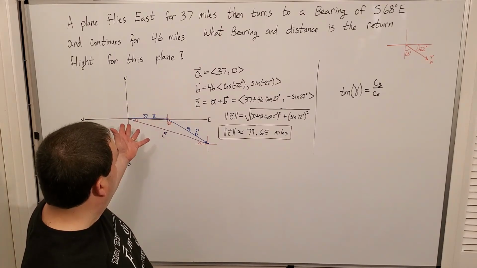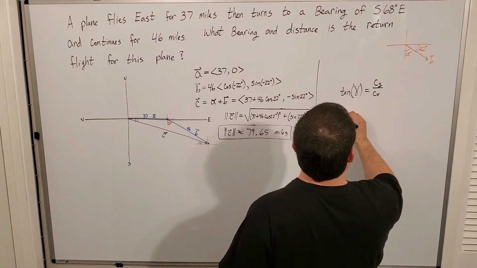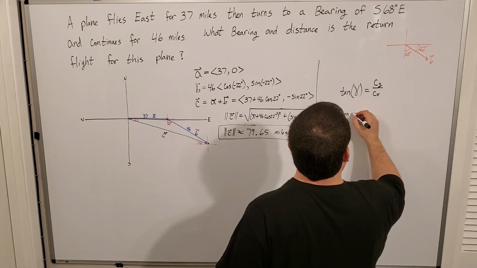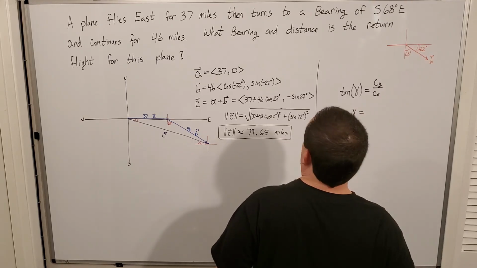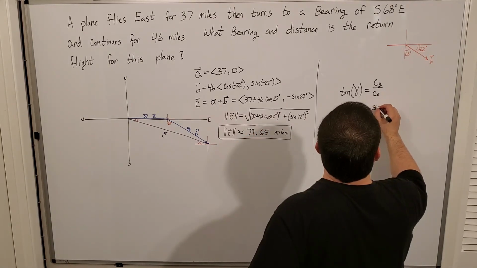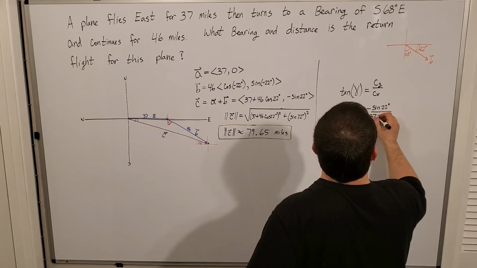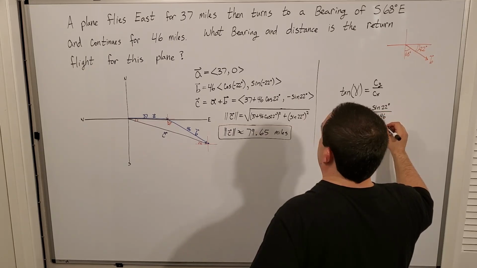Right? It's just the normal vector angle of vector C. So I have the tangent of the gamma angle that I'm trying to find there. And the y component is negative sine 22 degrees divided by 37 plus 46.